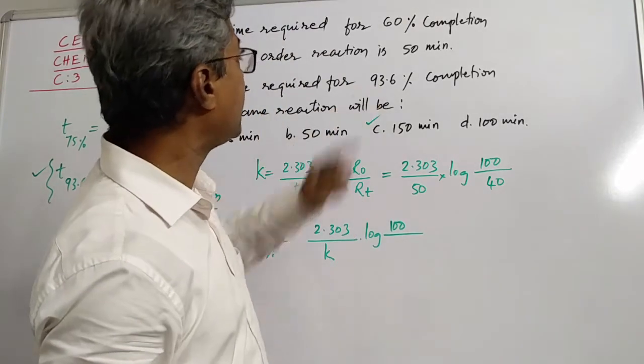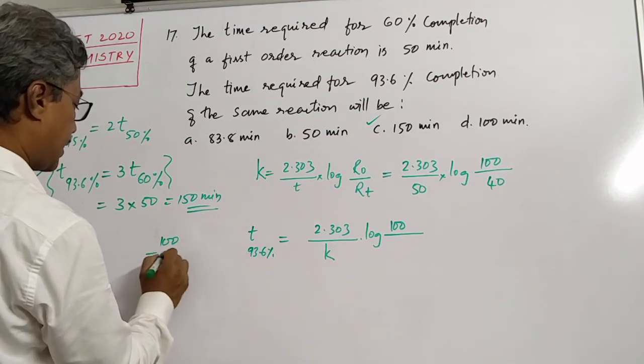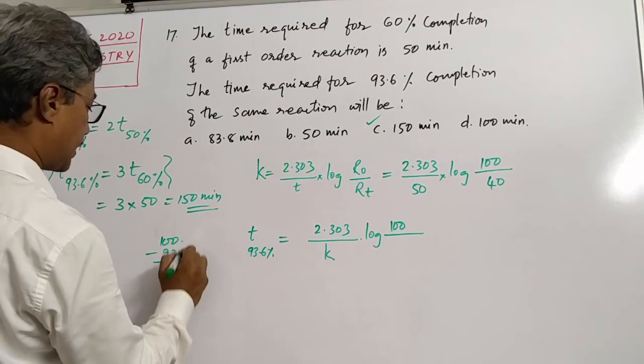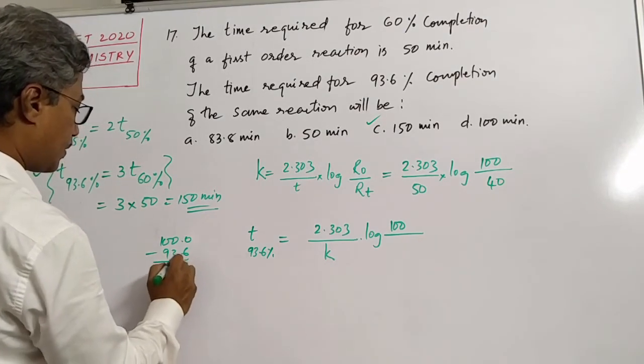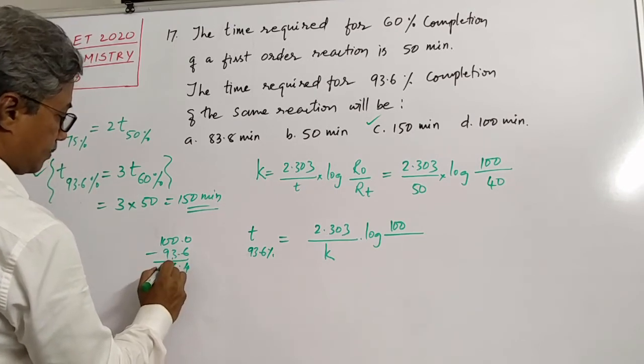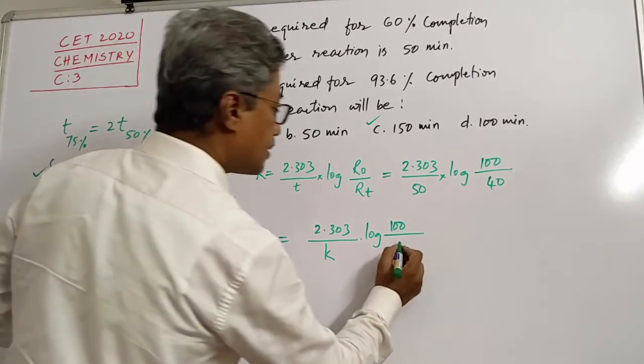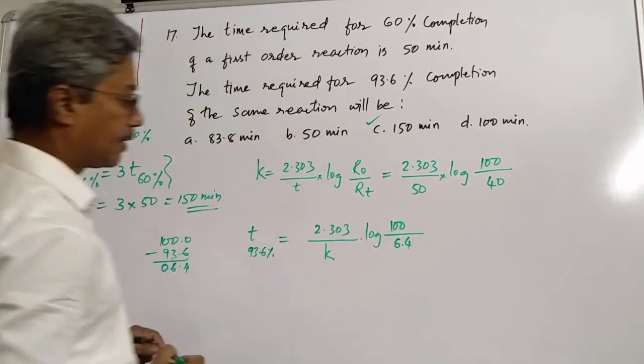How much? For 93.6% completion, that means 100 minus 93.6, which is 6.4. That means 6.4% is remaining.